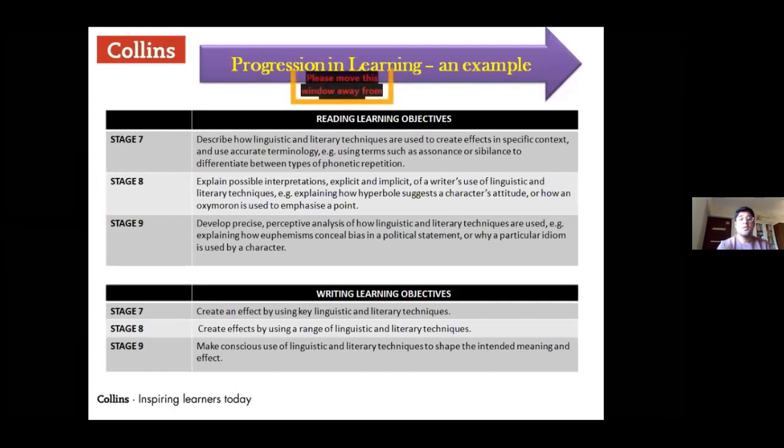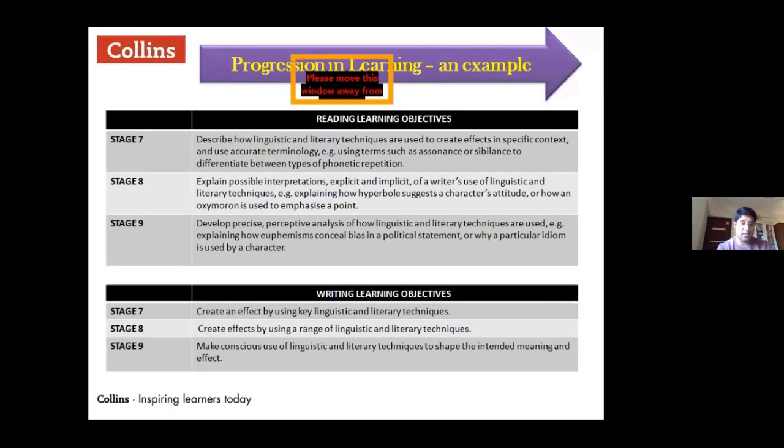They must be aware of linguistic and literary terms and techniques like assonance and sibilance, and differentiate between the types of phonetic repetition. Stage 7 means we're talking about grade 6 over here. Stage 8: explain possible interpretations, explicit and implicit, of a writer's use of linguistic and literary techniques. So, why does hyperbole suggest a character's attitude? How is oxymoron used to emphasize a particular point?